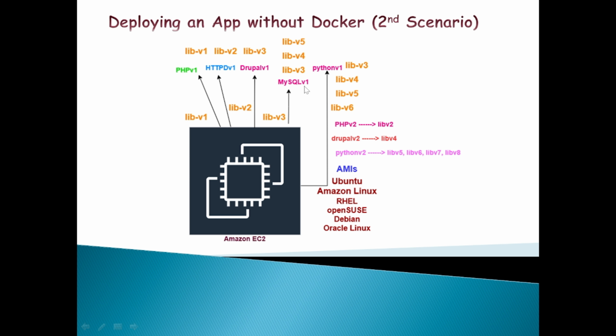Like this MySQL v1 is dependent on library v3, v4 and v5. Similarly, this Python v1 is dependent on library v3, v4, v5 and v6. Now, as I mentioned, this PHP v1 is to be updated to PHP v2, and this Drupal v1 is to be updated to Drupal v2.